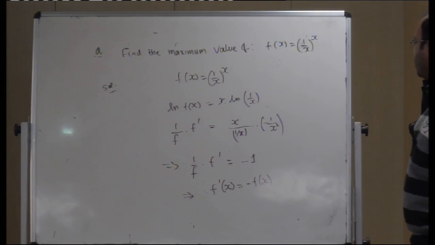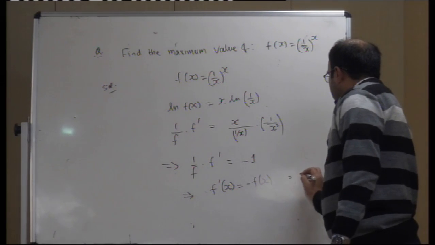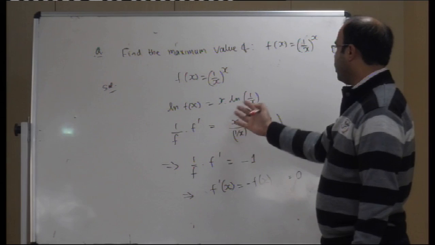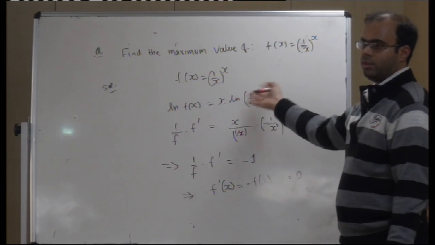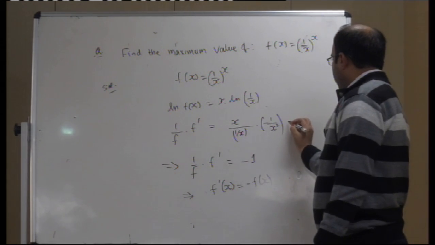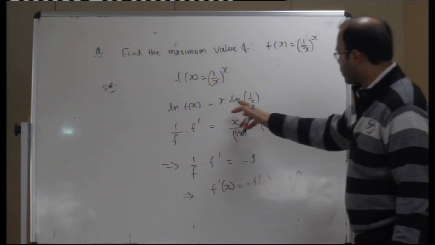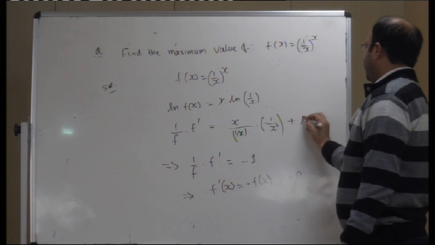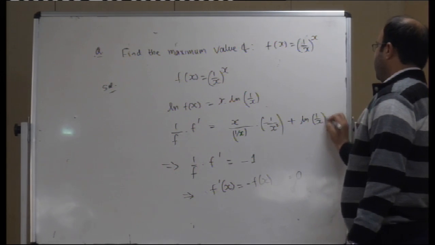Now when you want to equate it to 0, I think there has to be a product rule applicable here. I had just multiplied, so thank you for catching it. Basically, we have differentiated this, then we have to differentiate x and keep ln of 1 by x apart.